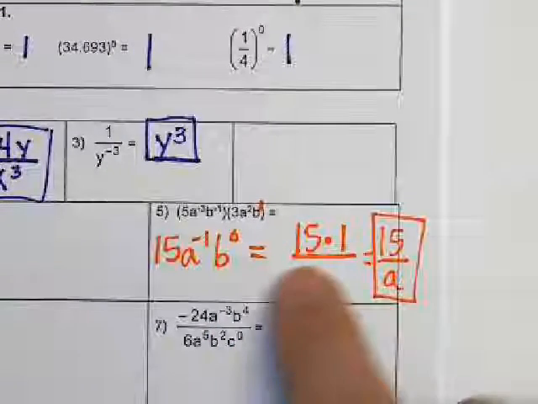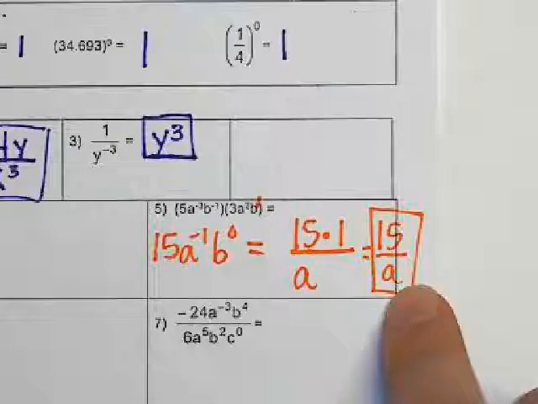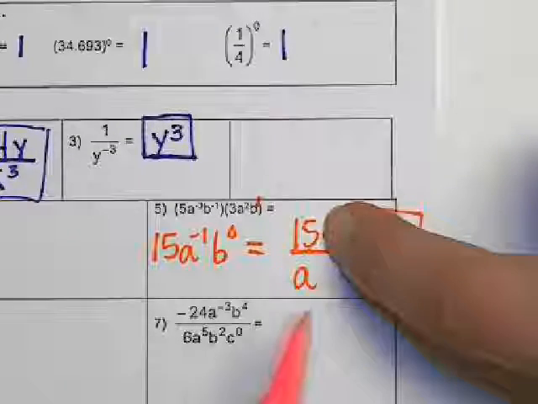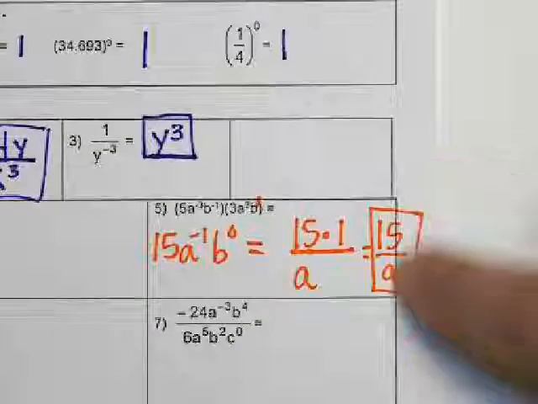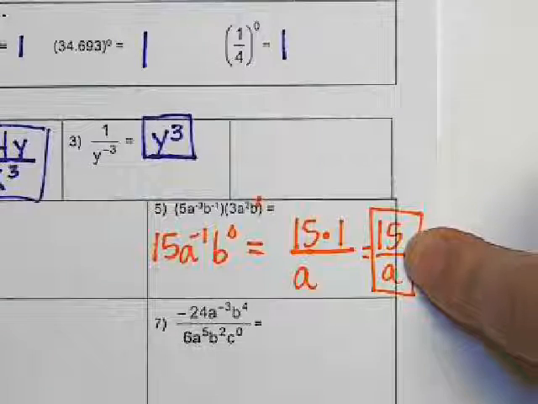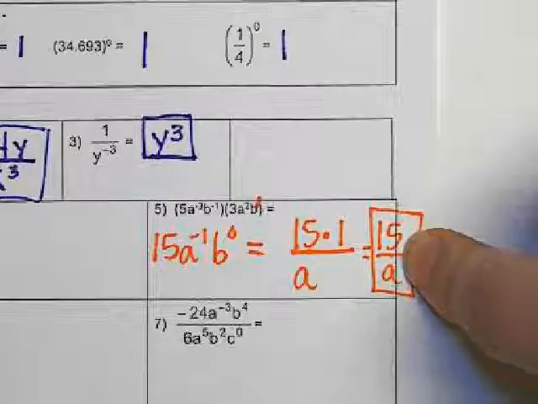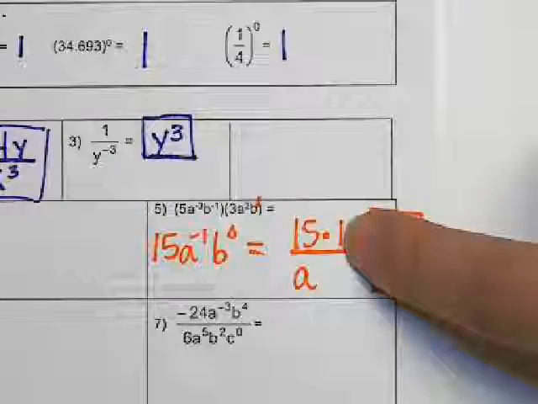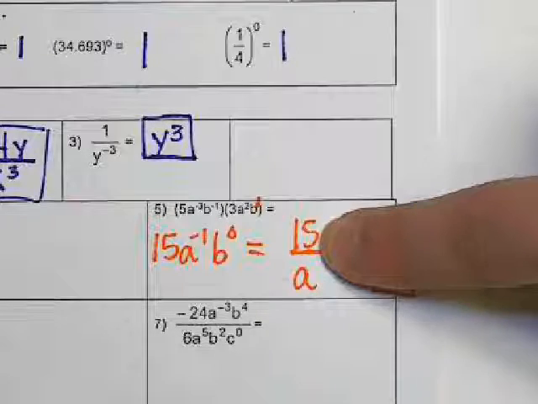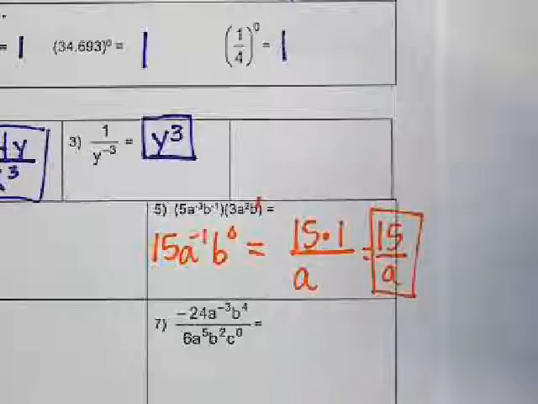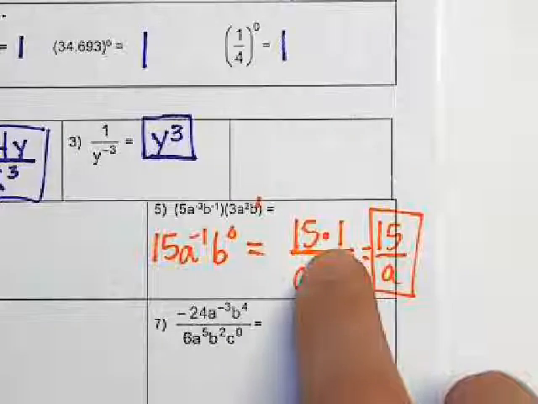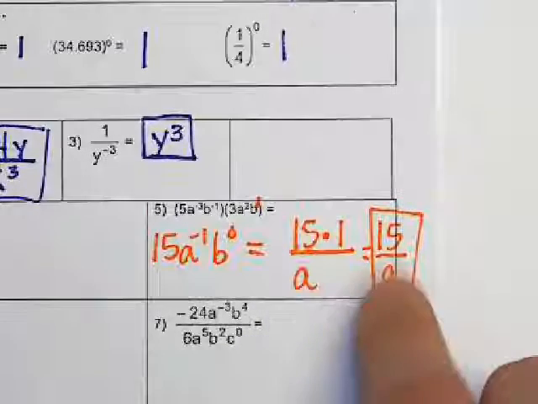Well, anything times 1 is really just itself. So if I didn't write the 1, I get 15 over a, which is the same thing as my answer. I didn't have to write this 1. I did an extra step by writing that 1 there.